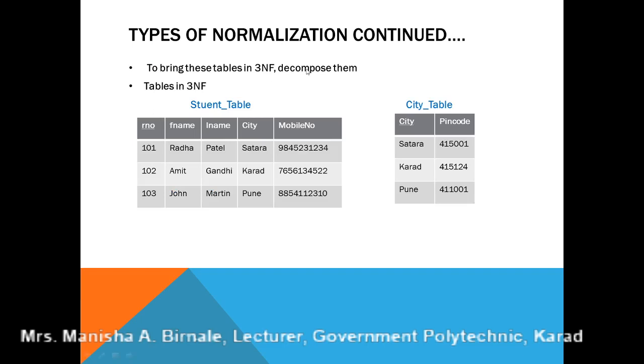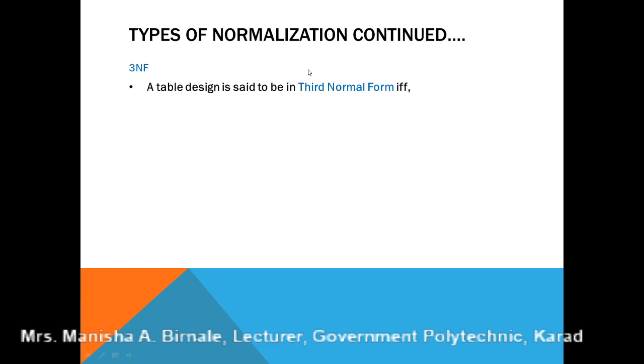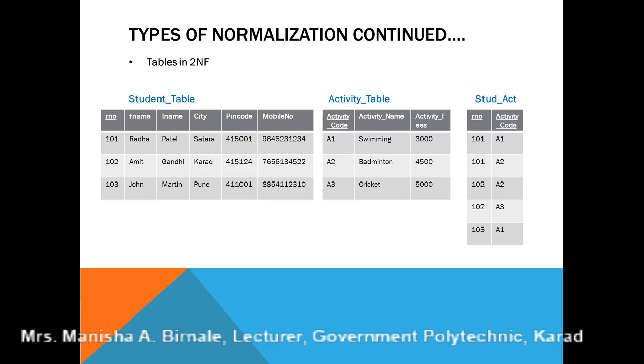So to bring these tables into third normal form, again we have to decompose the table. So these are the tables which are in second normal form. First criteria, that our database is said to be in third normal form if and only if it is in second normal form, is satisfied by this database because these tables are in second normal form. Now second criteria is not satisfied because here city is dependent on roll number. If roll number is 101, city is Satara.